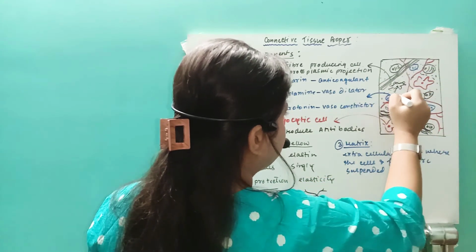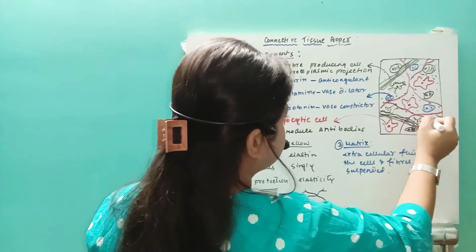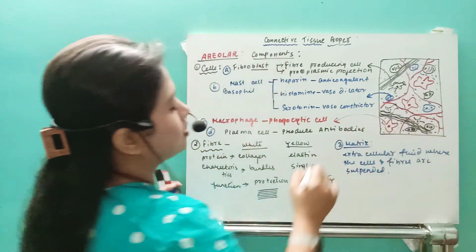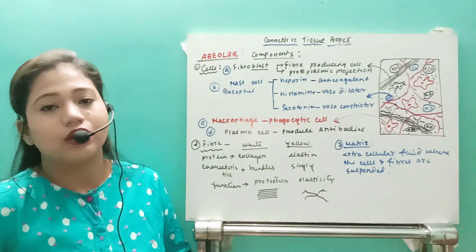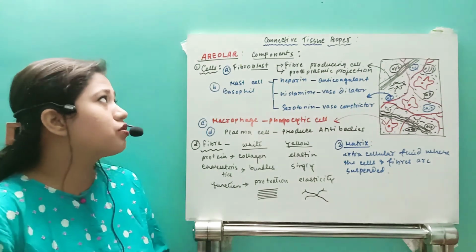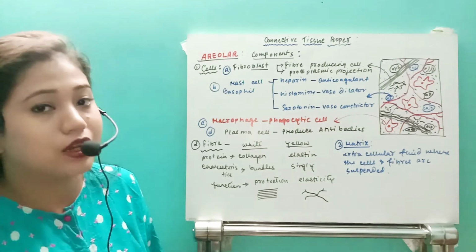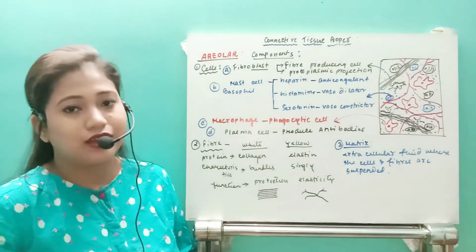It gives the necessary nutrients. It also makes the environment a little bit moist so that the cell can survive. So in the components of the areolar connective tissue, we see that it is made up of three components. They are the cells, fibers and the matrix.